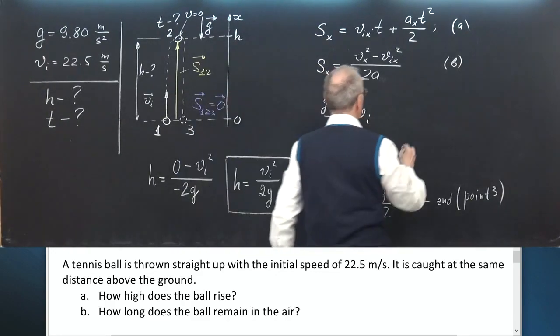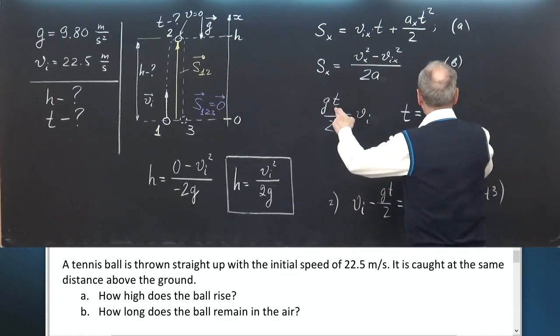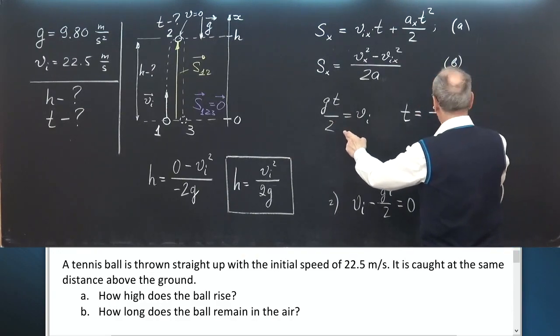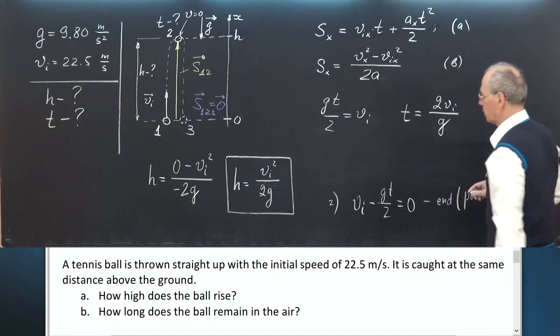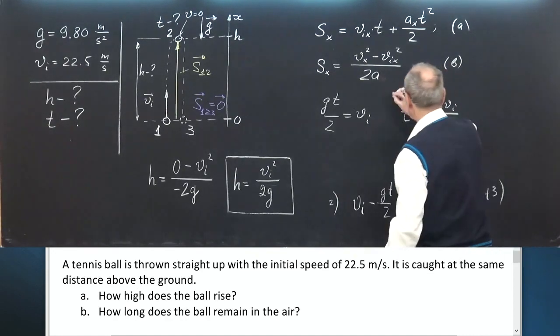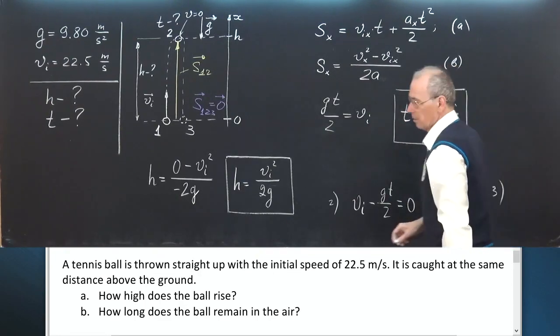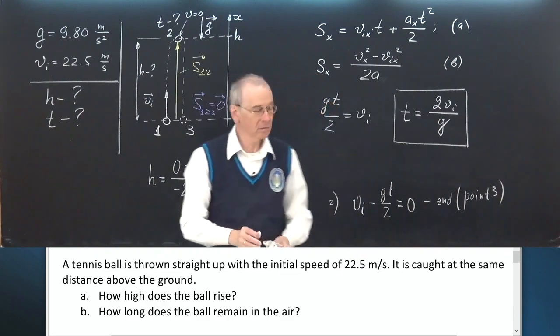Hence, t equals twice initial speed over free fall acceleration. The answer to the second question.